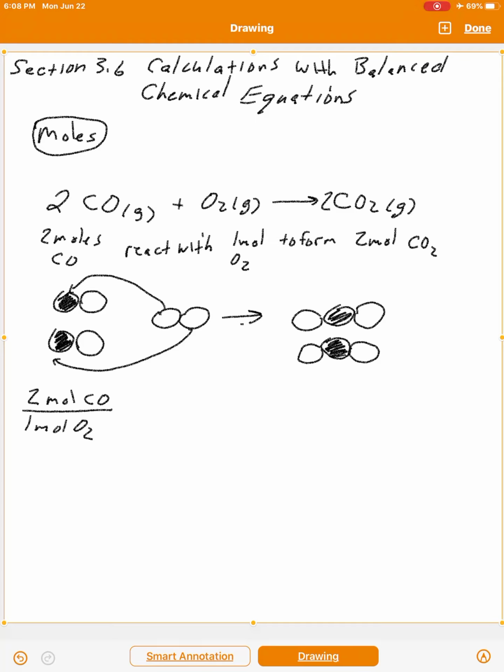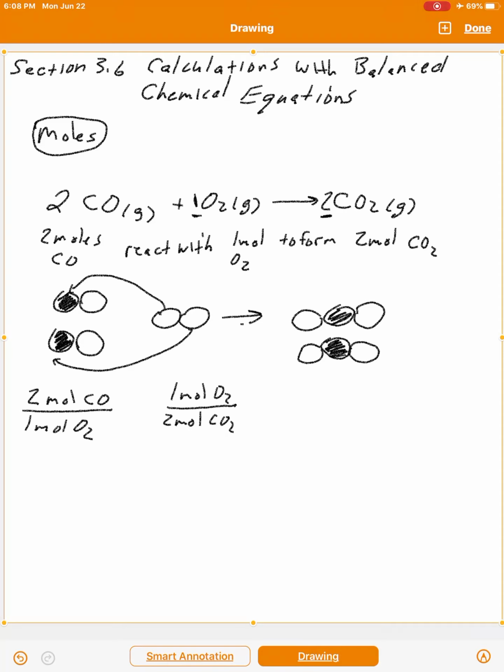What would that look like? Okay, well, let's think about it. 1 mole of O2, right? 2 moles of CO2. Where did I get the 1 and the 2? It's implied that there's a 1 there, and it's explicit that there's a 2 there. So we're using those moles as ratios.